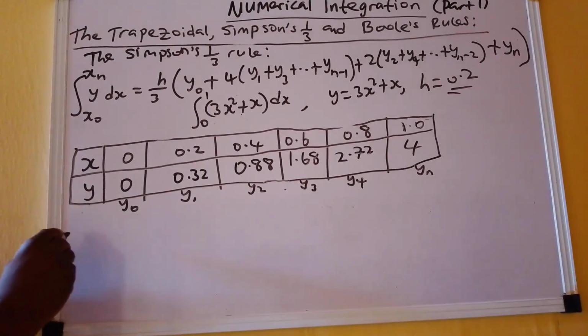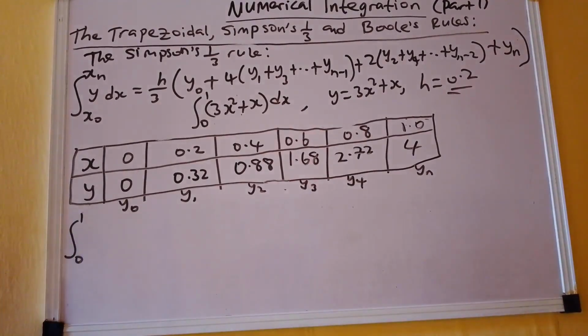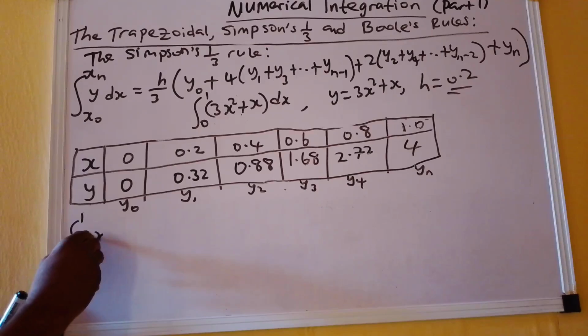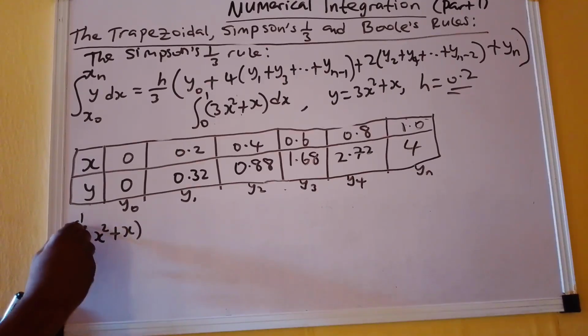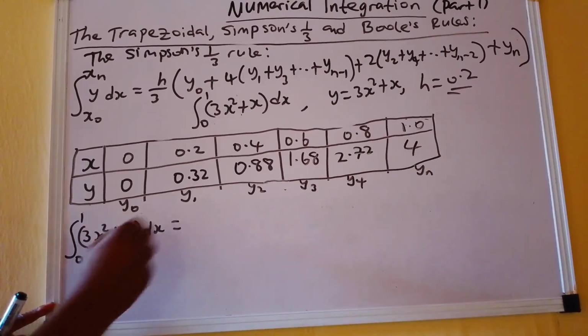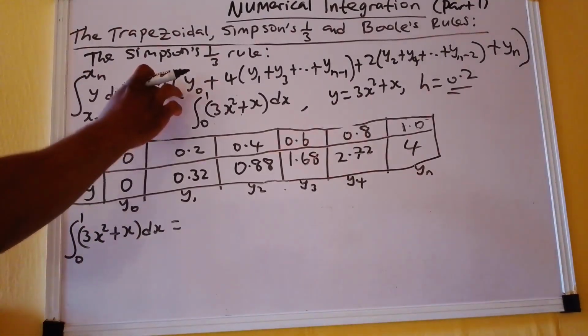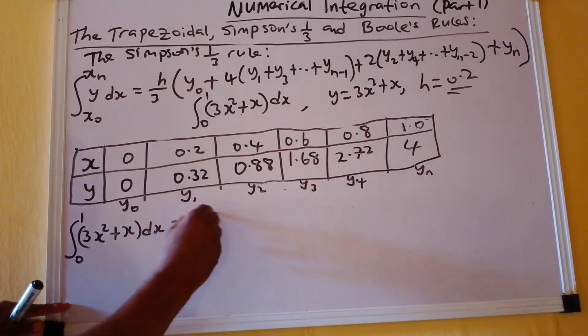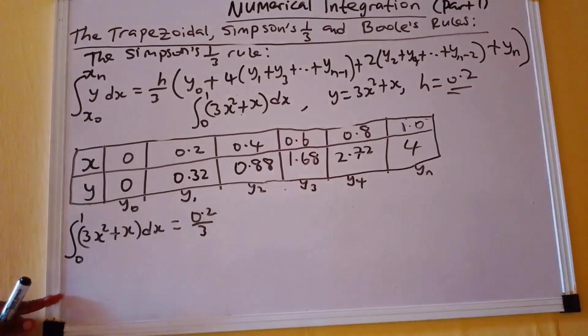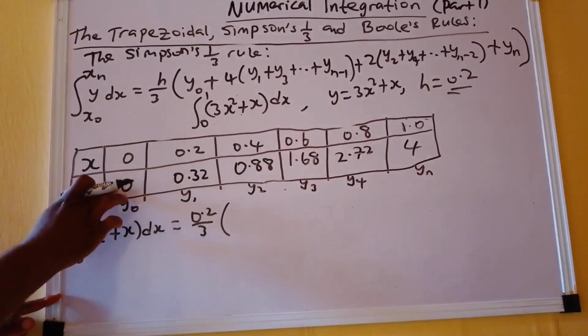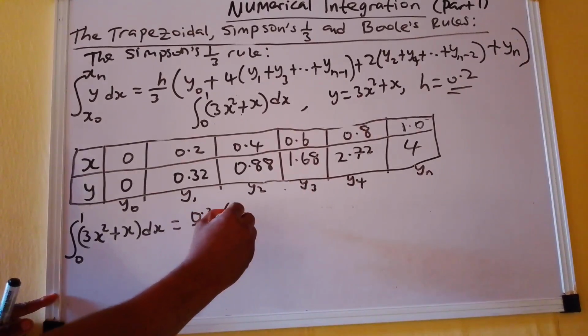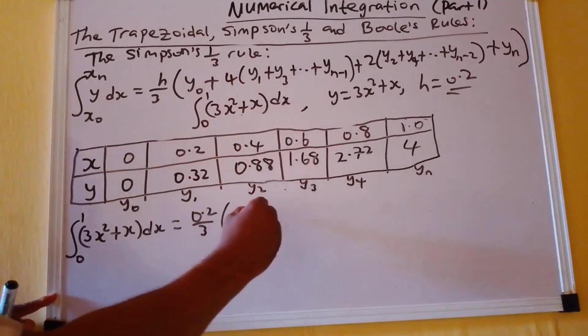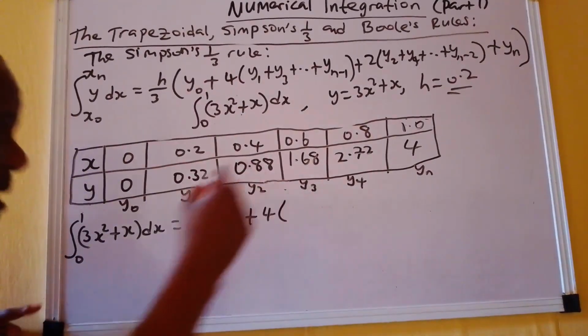Now solving this, the integral of 3x squared plus x dx will now be equal to, of course, our h is 0.2/3. Then of course our y naught is 0 plus, this is where you need to listen attentively.